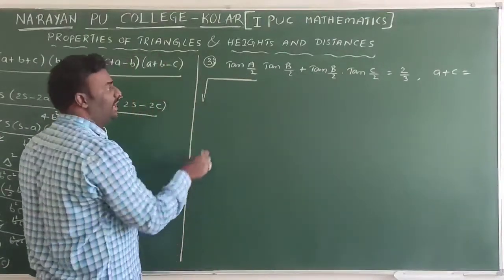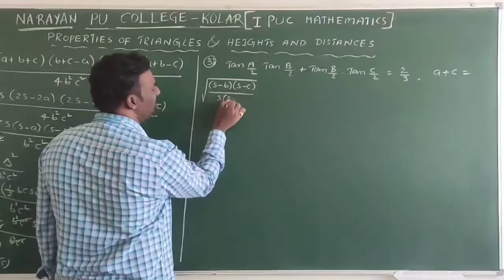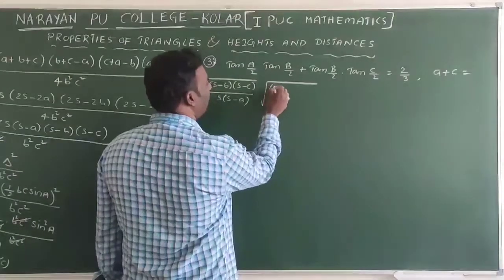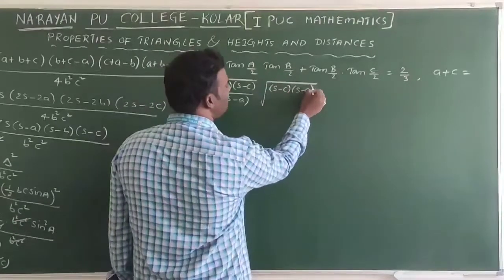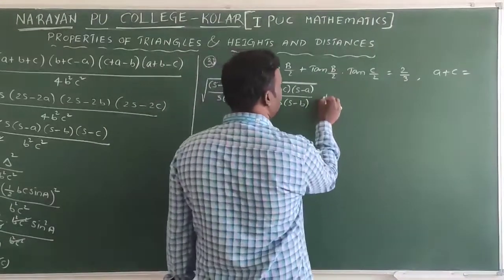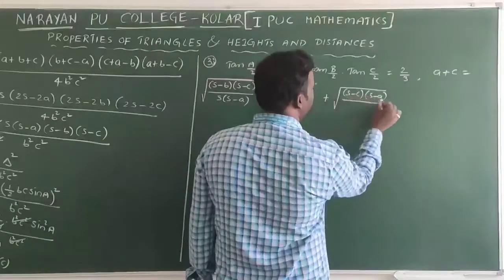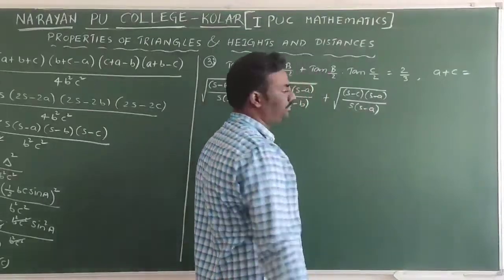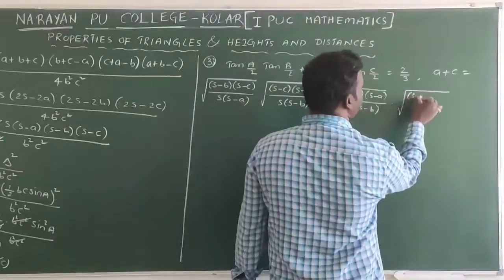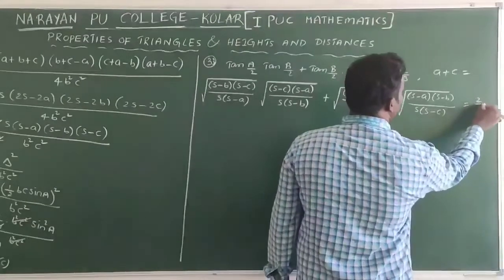Under root of tan A by 2 formula, S minus B into S minus C by S into S minus A. Tan B by 2 under root of S minus C into S minus A by S into S minus B, plus tan B by 2, S minus C into S minus A by S into S minus A. So S minus B, tan C by 2 under root of S minus A into S minus B by S into S minus C, that equals 2 by 3.